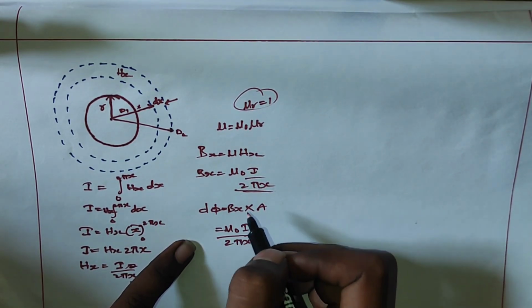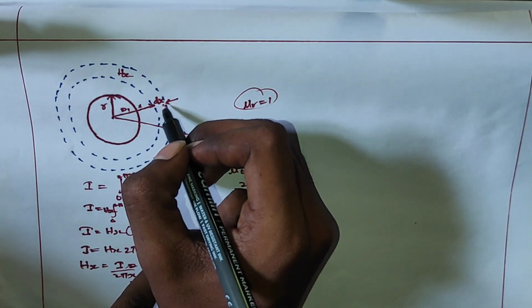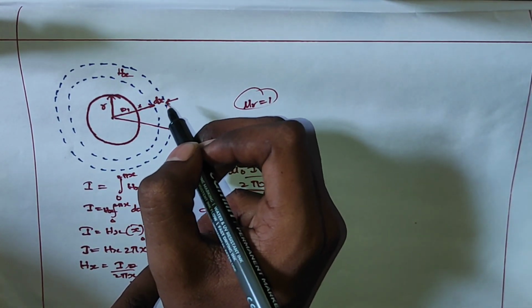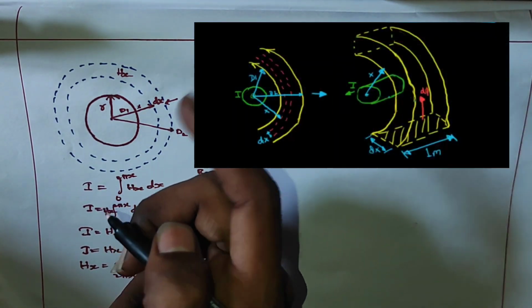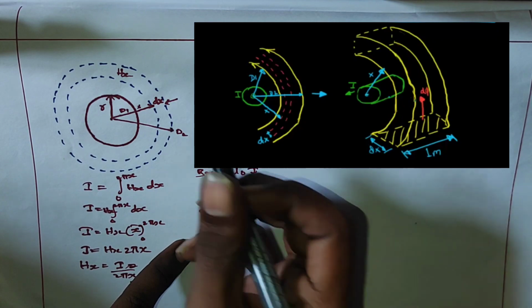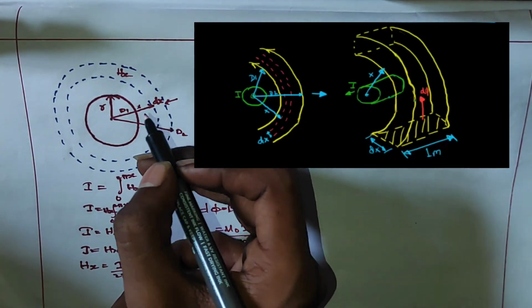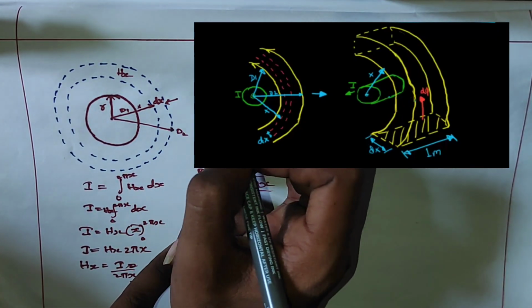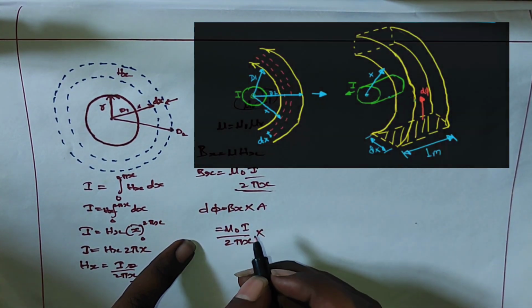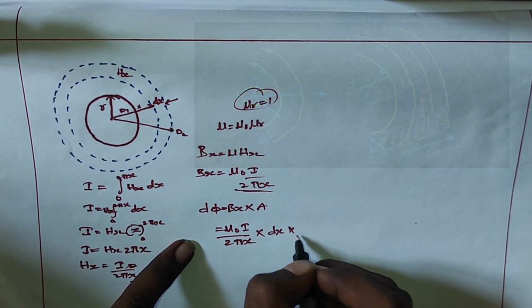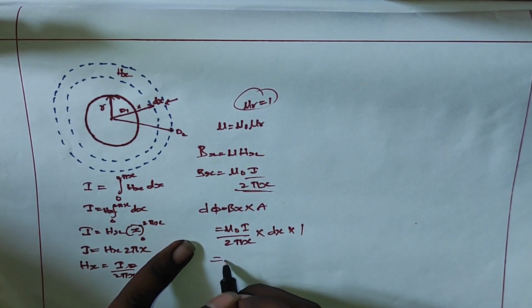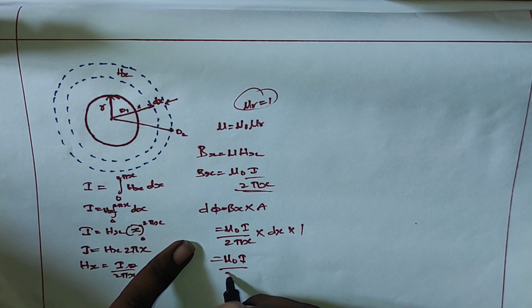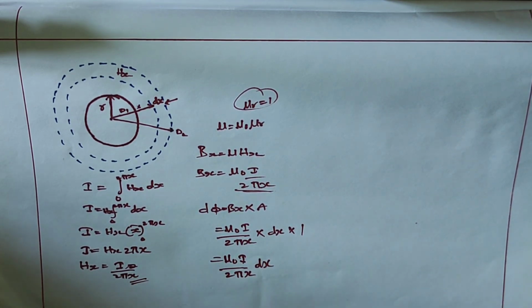The area will be this dx into the total length of the conductor. It means we have considered a 1 meter length of conductor, therefore area will be L into B, such that B will be this dx and length will be L, that is 1 meter, as dx into L is 1, so I am keeping here 1. Now mu naught I by 2 pi x dx is our d phi.